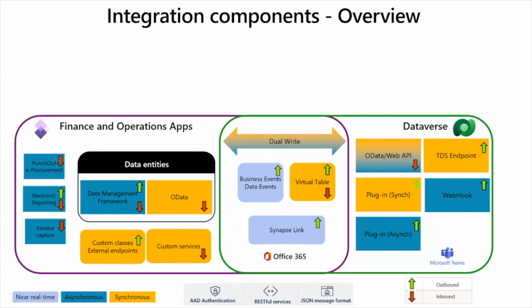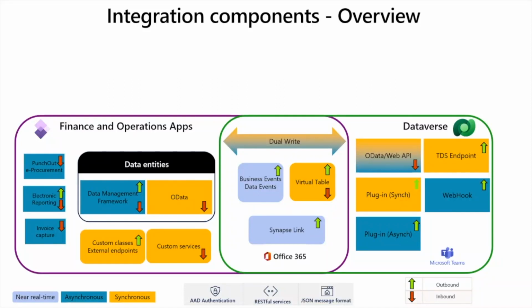Starting from the left, we have the finance and operations dedicated endpoints. The main protagonists are the entity-based options, which include the Data Management Framework, which is async communication, and the OData synchronous endpoints. We also have the ERP's traditional custom services and the ability to use custom classes and communicate with external endpoints.